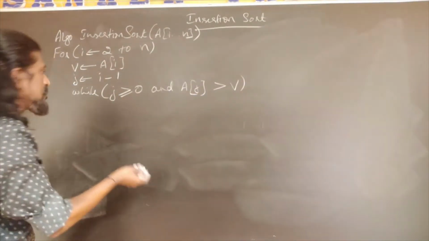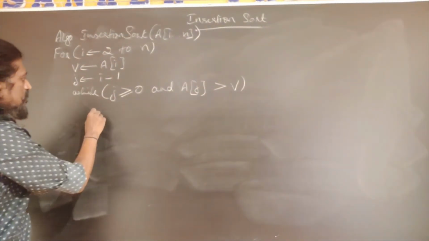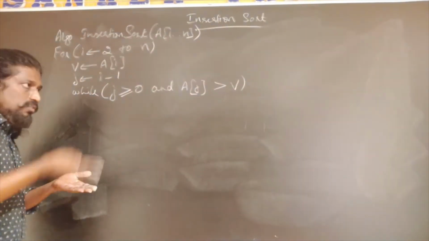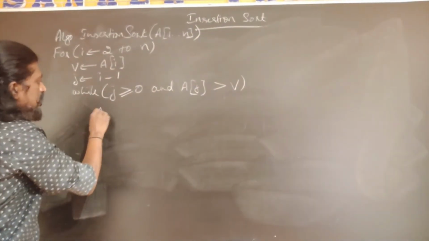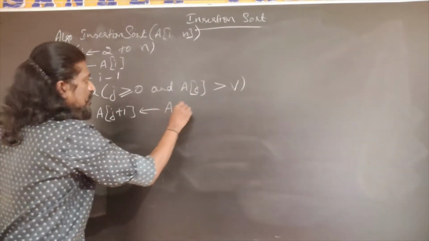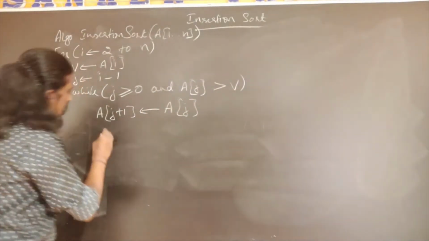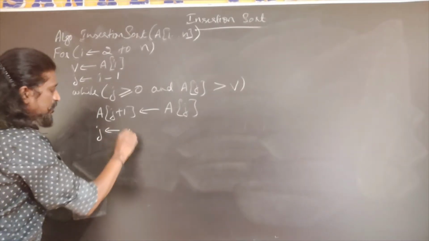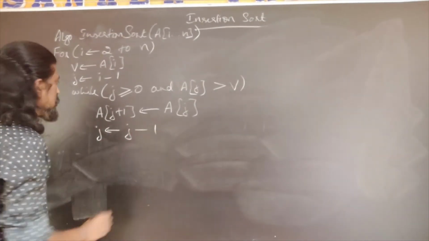Therefore, we will push all those elements one position downwards. A of j plus 1 will take the element which is present at j, and j is decremented by 1: j is equal to j minus 1.